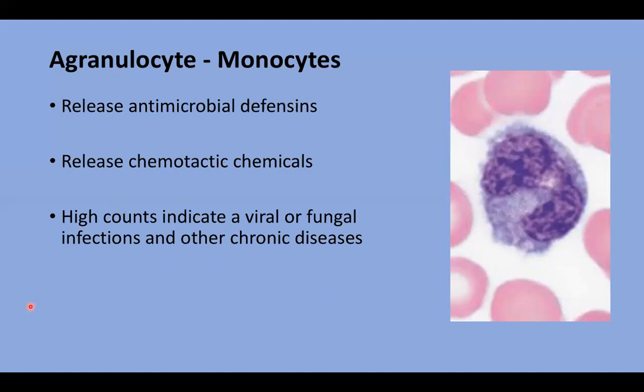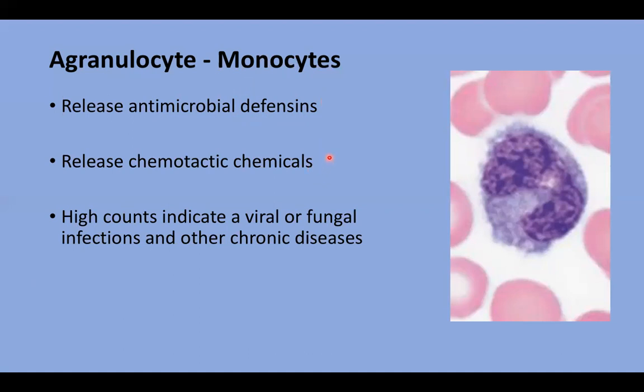The way that monocytes are also going to work is that they have the ability to release antimicrobial defensins. So defensins is a type of chemical that you can find in the monocytes. They release these defensins and will kill any of the microbes in the interstitial tissues or interstitial fluid. And when they're doing their work, they're also going to release chemotactic chemicals.